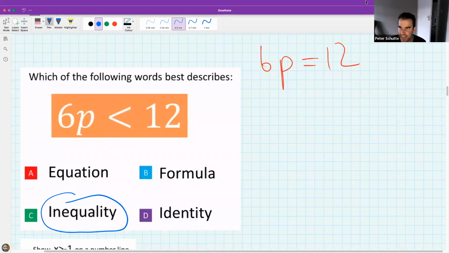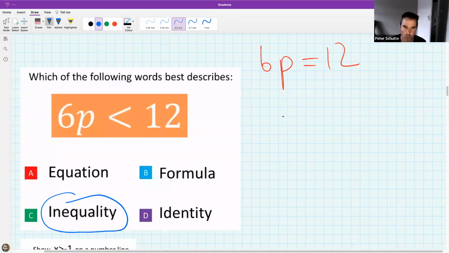Now, before we take our break, I just want to show you what it means to solve an inequality. You are looking for the values of p that make the statement true. Now, that sounds like a mouthful, but really all you do is follow most of the rules for equations. There are a couple of things that are different, but for the most part, you follow the rules for equations. Normally, when you solve an equation, you try to isolate the p.